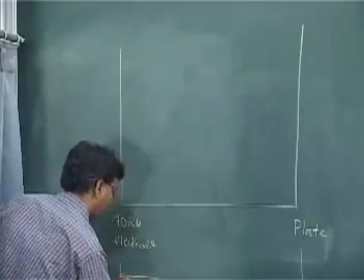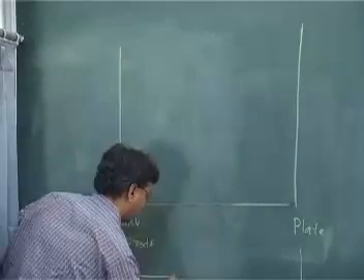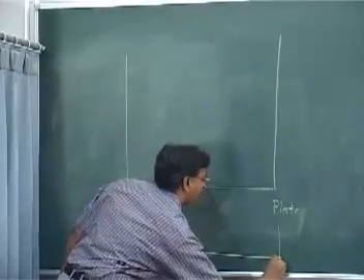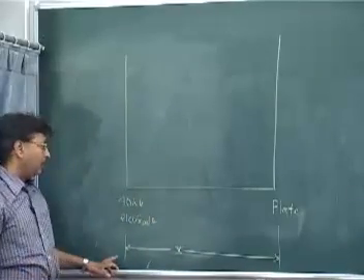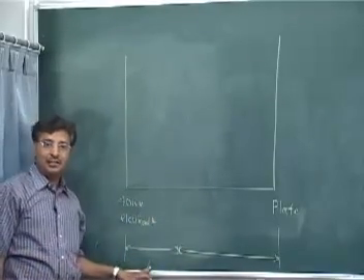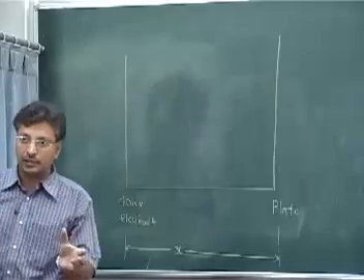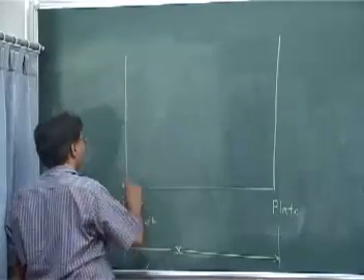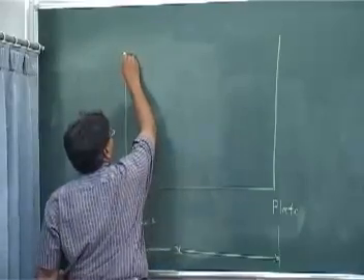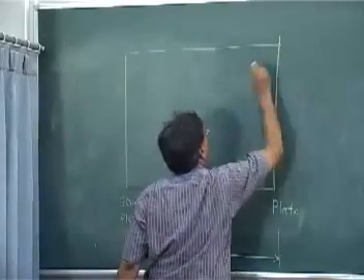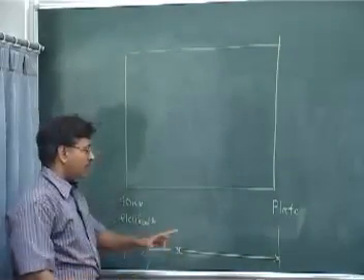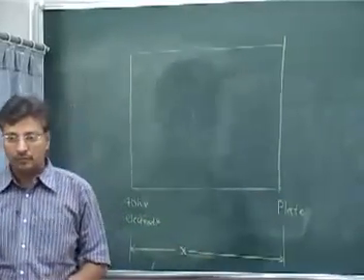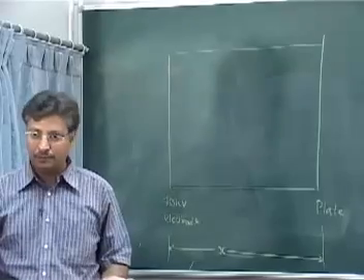Let's say I just call this X. We have talked about how big the X is, 3 to 4 inches, right? And then you see here, what is the voltage at my plate? It is grounded, so 0.